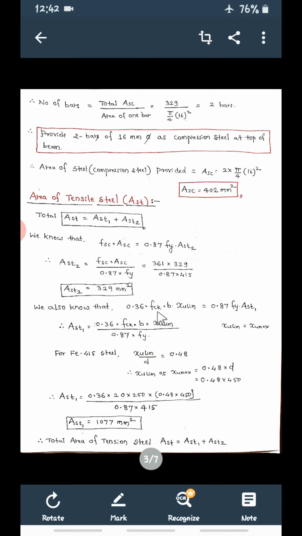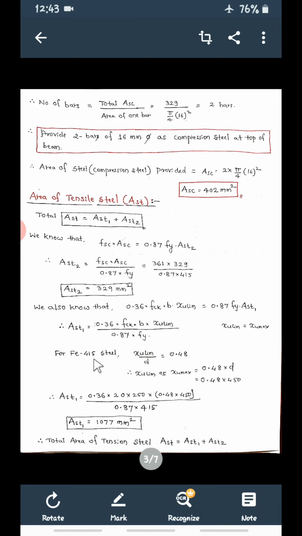So 0.36 FCK B into XU limit is equal to again stress 0.87 Fy, then AST1. So force in the concrete is equal to force in the steel. So we want AST1. So AST1 is equal to 0.36 FCK B into XU limit, or XU max, divided by 0.87 Fy. So first calculate XU max or XU limit.